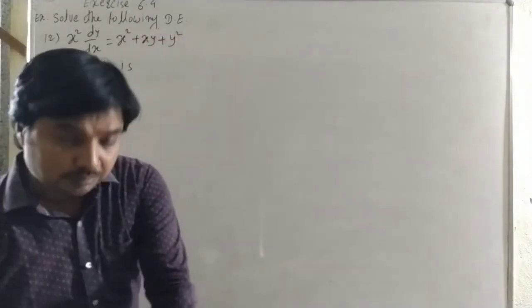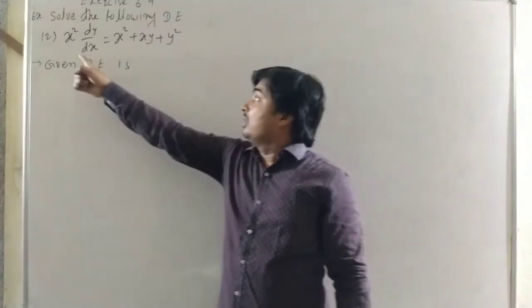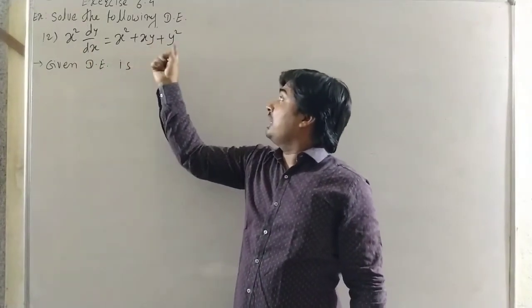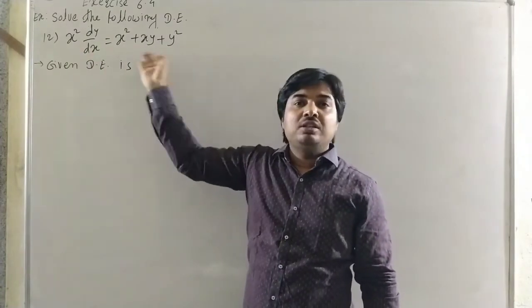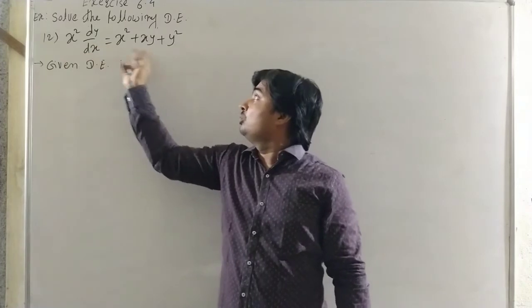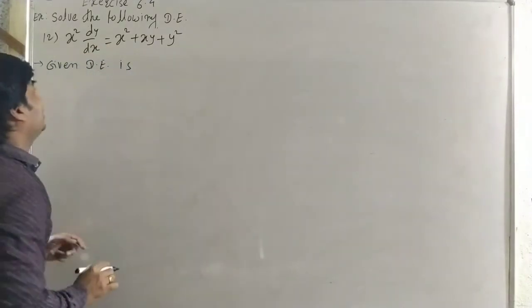Again here clearly it is a homogeneous differential equation. Here it is x square, xy, and it is y square. There are the terms, and in all terms the degree is the same. It is 2, 2, here 2, and here it is 2. Therefore it is a homogeneous differential equation.